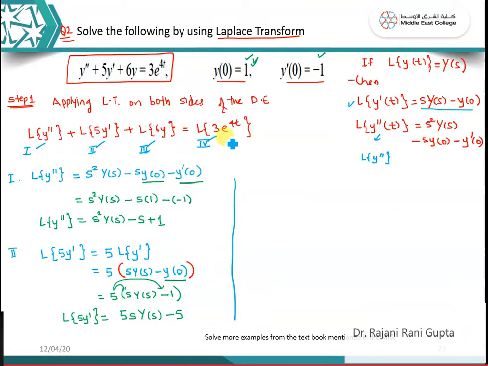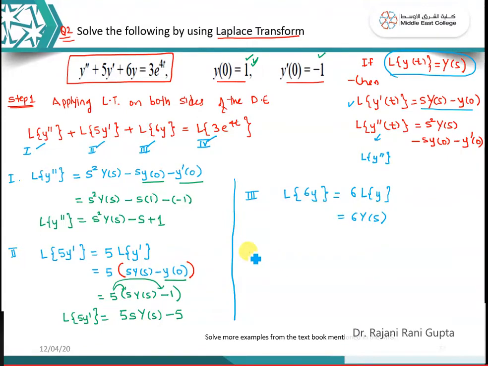Now we find the value of the third term. Third term is Laplace of 6y. So 6 is a constant, we take it outside: Laplace of y, which from here we get as Y of s. So this gives you 6 Y of s.